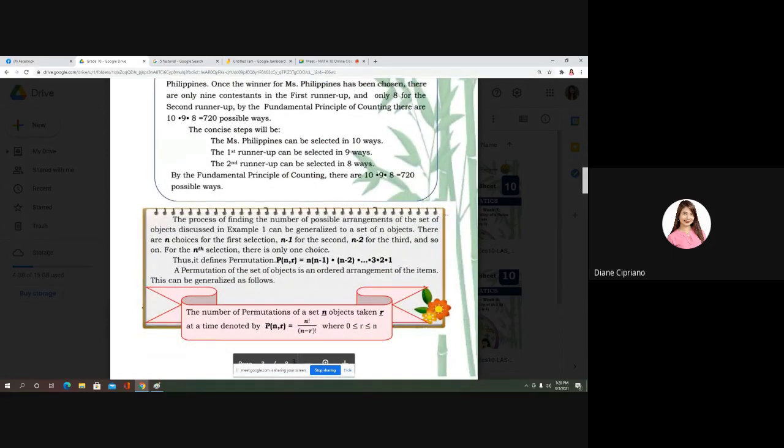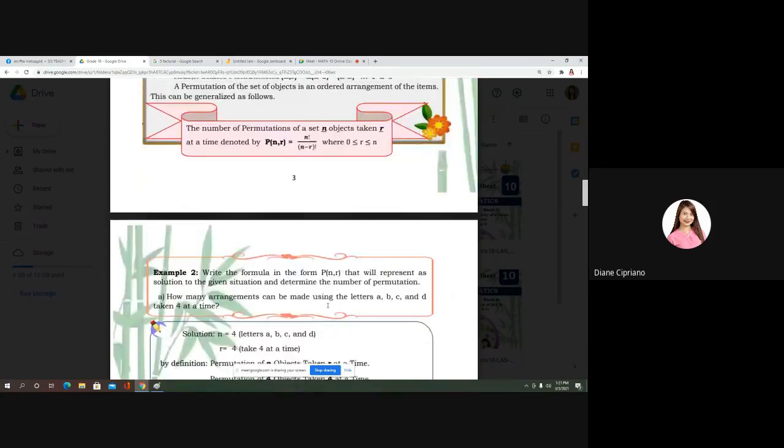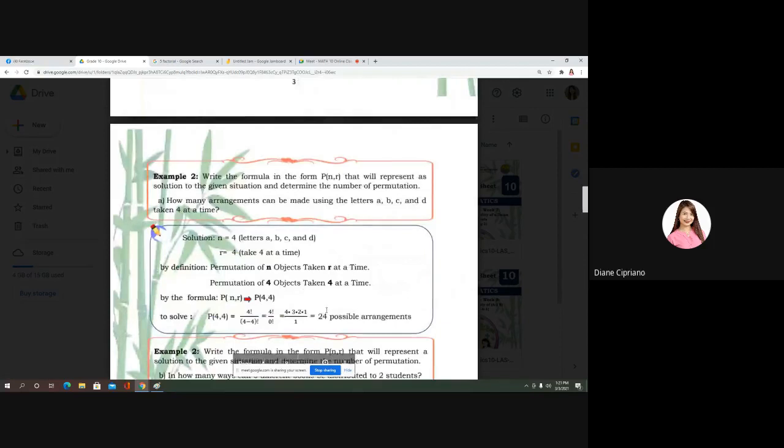Permutation is equal to P of n, r, with n as the set of objects and r as the number taken at a time, is equal to n factorial over n minus r factorial, where 0 is less than or equal to r, and r is less than or equal to n. So let's proceed with example number 1.